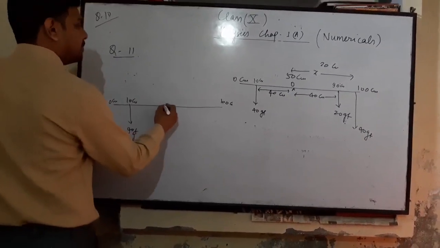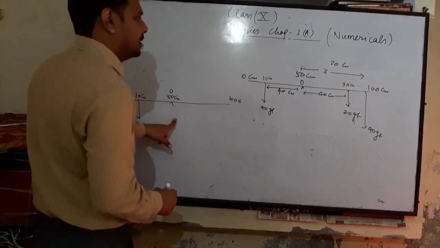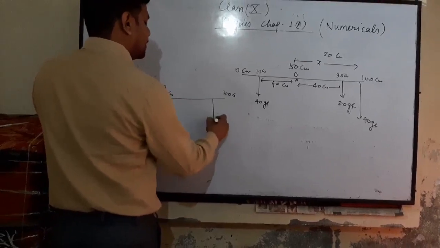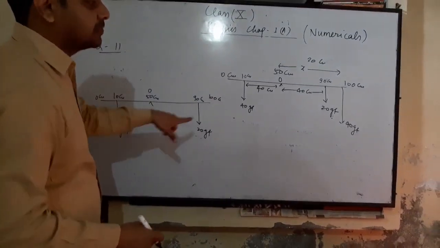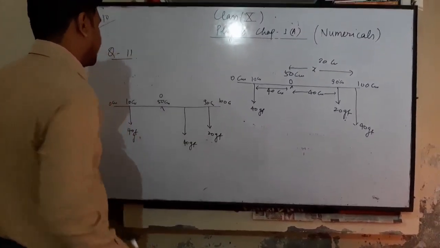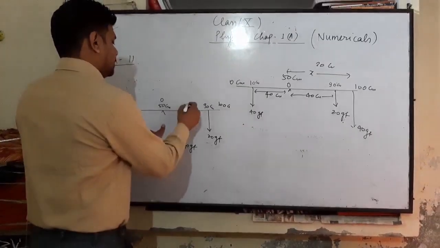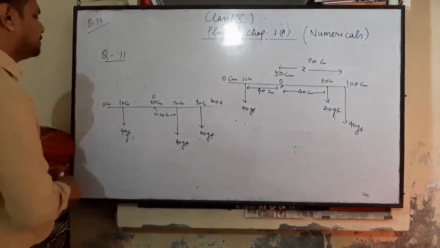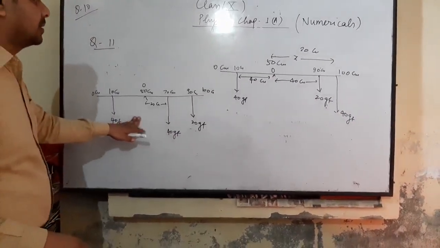This is the pivoted point at the midpoint, 50 centimeter mark, and this one is 20 gram force, which is at the 90 centimeter mark, and we have to suspend 40 gram force at the 70 centimeter mark, or 20 centimeter from the midpoint. Okay, this one is the correct figure.